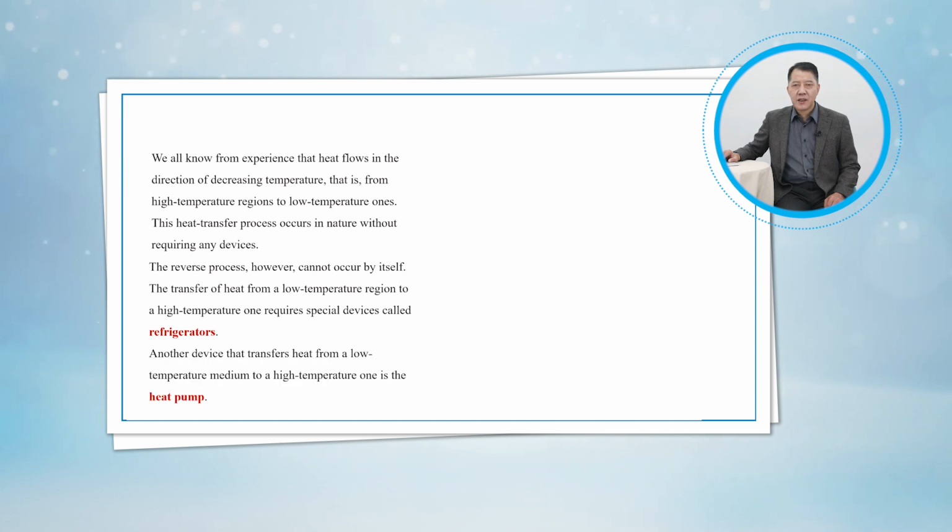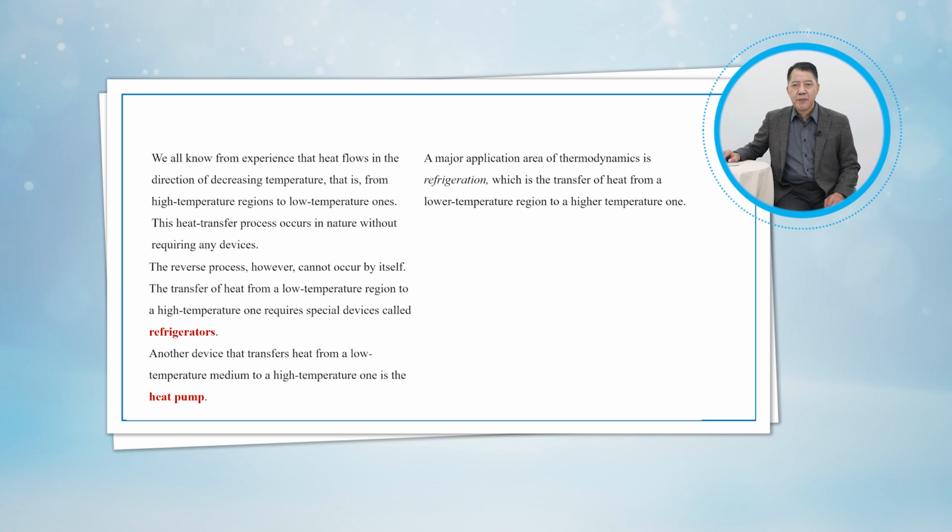Another device that transfers heat from a low temperature medium to a high temperature one is the heat pump. A major application area of thermodynamics is refrigeration, which is the transfer of heat from a lower temperature region to a higher temperature one.